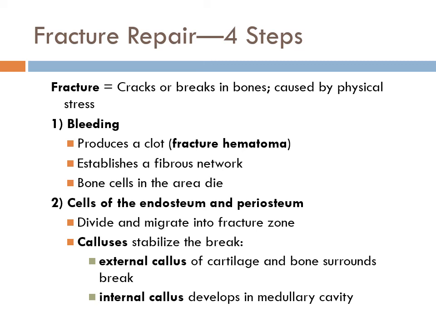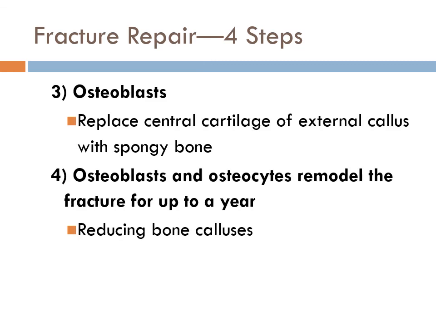After that, osteoblasts are going to replace the central cartilage of the external callus with spongy bone. And then that bone is going to be remodeled by osteoblasts and osteoclasts for up to a year. That's going to decrease the callus and return the bone to more of a normal looking orientation.